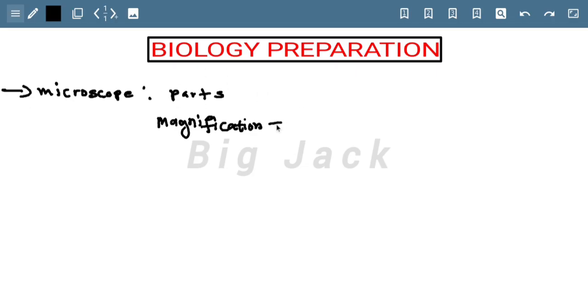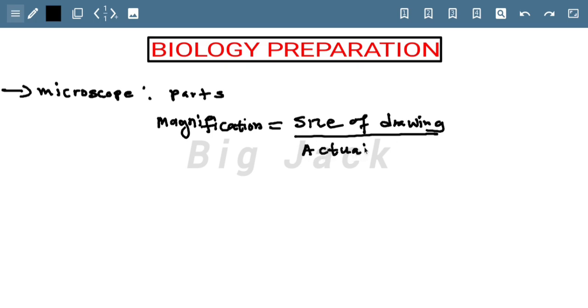So magnification is equal to the size of drawing divided by the actual size. It's important to know the formula, because if you don't know it, you can't answer. Let's say you are doing an experiment under magnification.